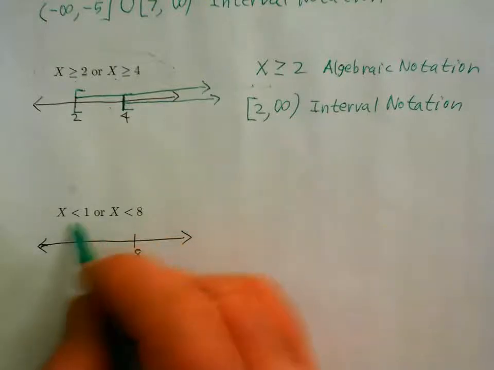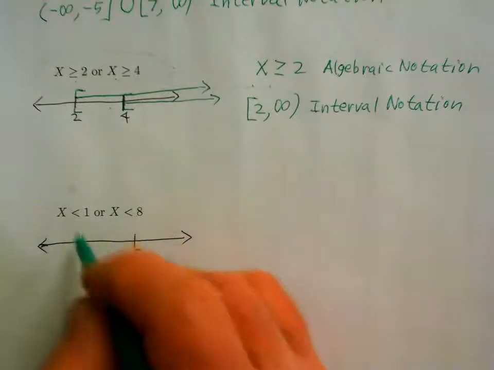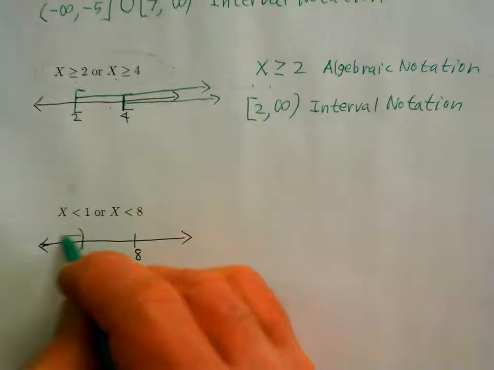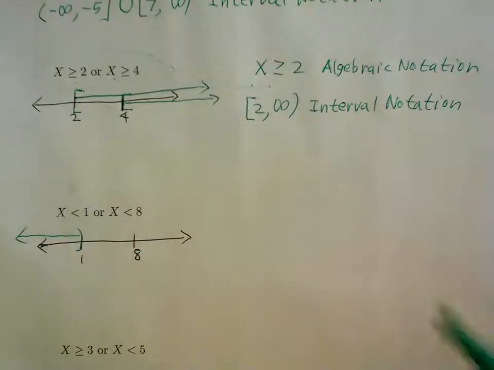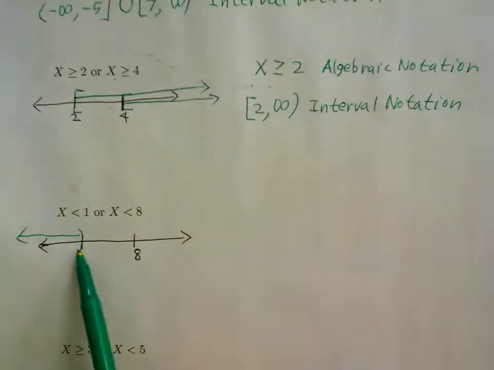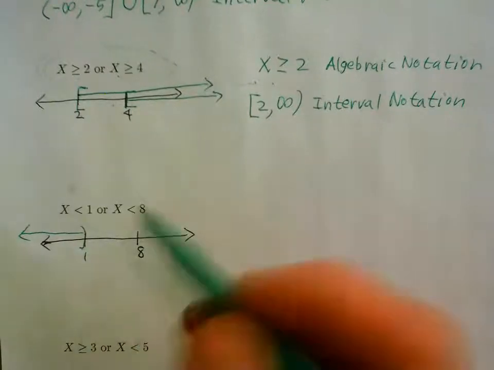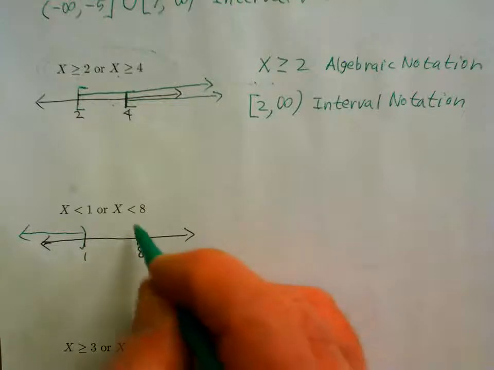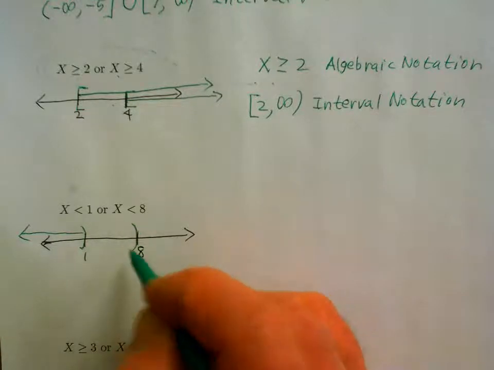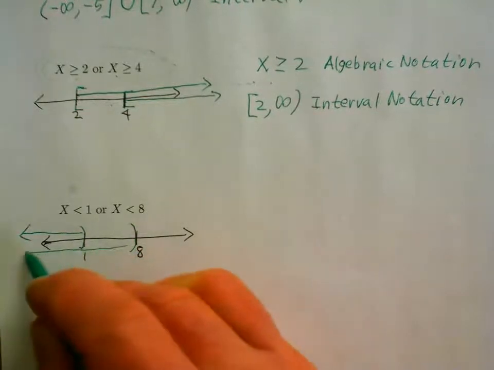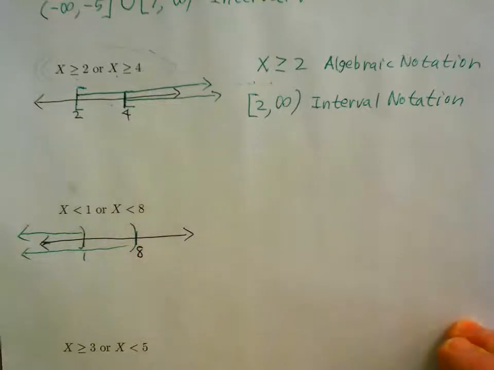So the first one, x is in that set if it's less than 1. So all of the numbers to the left of 1. Or a number is in that set if it's to the left of 8, or less than 8.